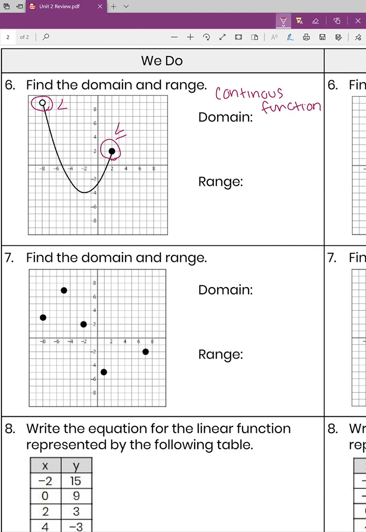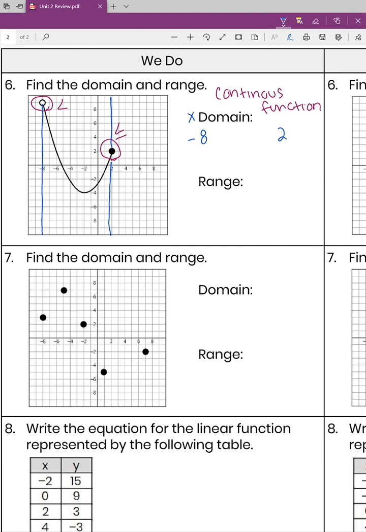So now we just need to see what our x and y values are going to be. Let's look at our points. Let's look at x's first. Domain is x. If we look at the x's, notice that this dot that's open goes as far as -8, and this dot that's closed goes as far as +2. That means our graph is enclosed in our boundaries of -8 and +2. So when we're writing our domain, -8 is our smallest value and 2 is our biggest value.